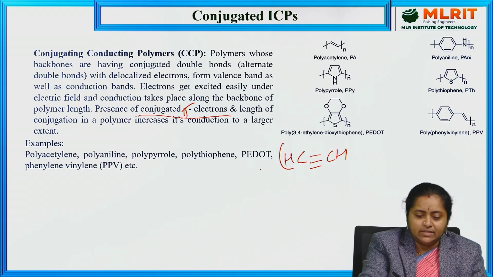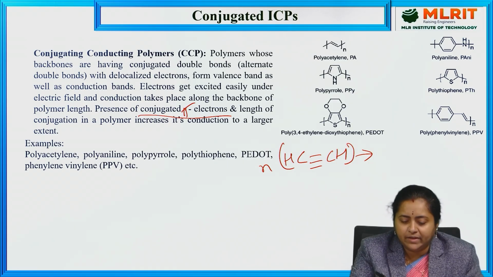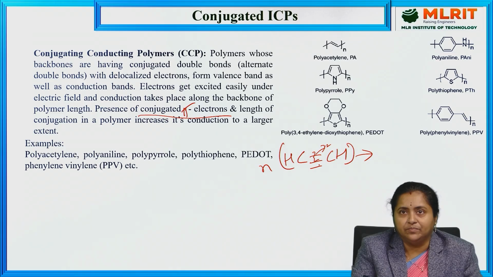If n moles of acetylene are taken and subjected to polymerization, then what will happen? If you notice the structure, it has 2 pi bonds and 1 sigma bond. Because of the presence of pi bonds, if they are involved in a breaking process, a new bond formation will take place.